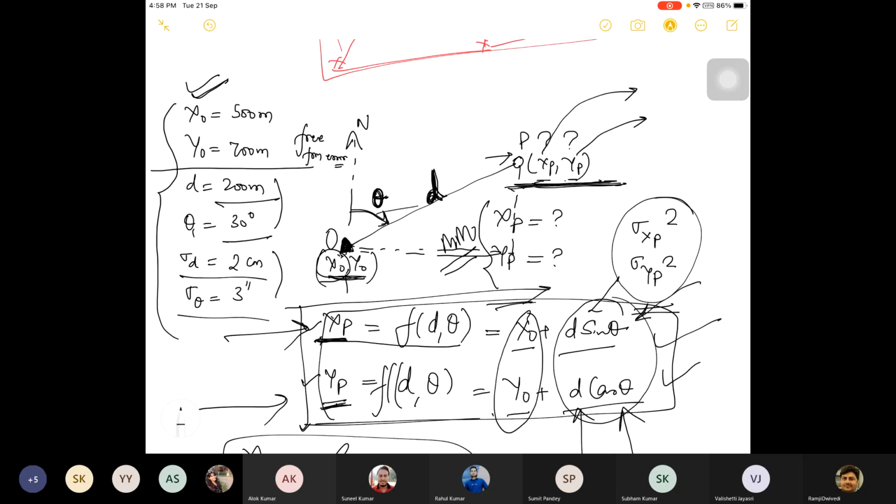If it is a linear model, your y is equal to x plus b can be easily written. If it is a non-linear model, you have to form the Jacobian. Obviously, you are at a PG level. Do not consider yourself at a very early entry level. You are a PG level student, so you need to think in that direction. Problems of non-linear type would come more frequently than the linear ones. Okay.